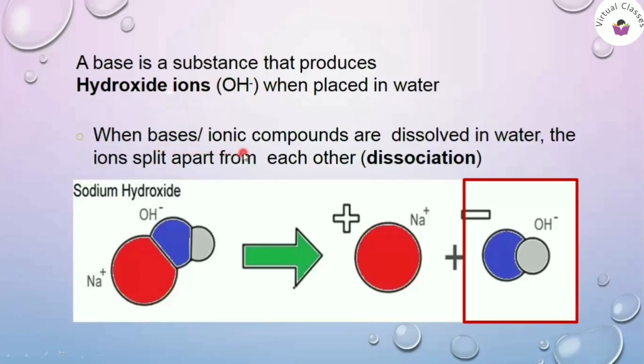Now, when bases or ionic compounds are dissolved in water, the ions split apart from each other. Bases are made of two ions that get separated when dissolved in water. Taking the example of NaOH base, it is composed of Na+ cation and OH- anion which will split apart when they get dissolved in water.